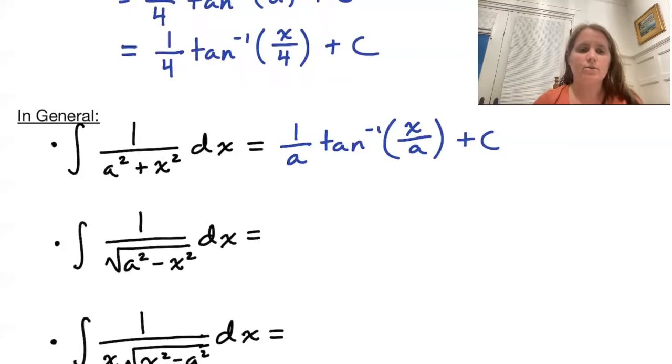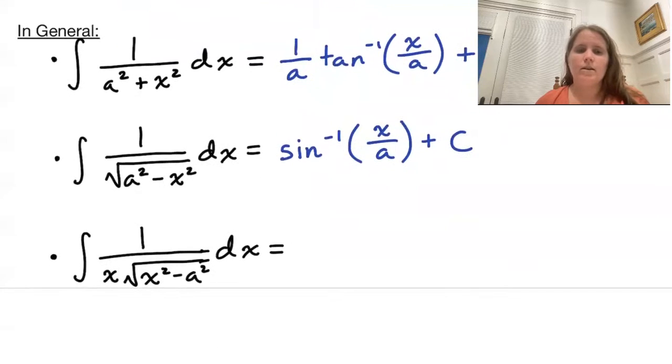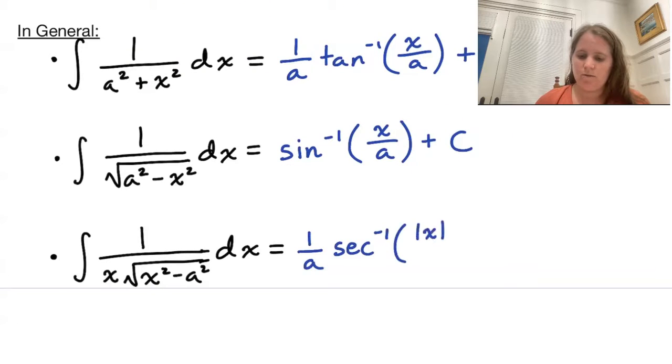Similarly, the integral of 1 over the square root of a squared minus x squared dx winds up being sine inverse of x over a plus c. And our last integral, 1 over x times the square root of x squared minus a squared dx, looks similar to our inverse secant. So this winds up being 1 over a times secant inverse of the absolute value of x over a plus c.